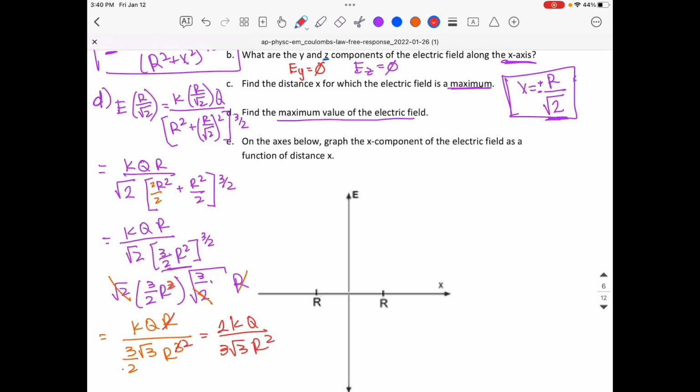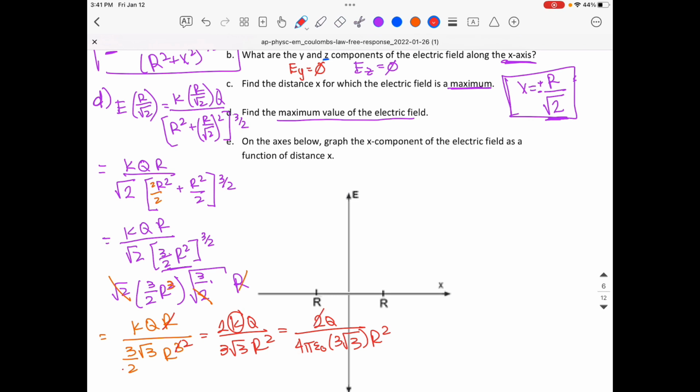And for problem number 7, I don't get the right answer, but let's see what happens when I take this K and substitute 1 over 4 pi epsilon naught. So 2Q all over 4 pi epsilon naught times 3 root 3 times R squared.